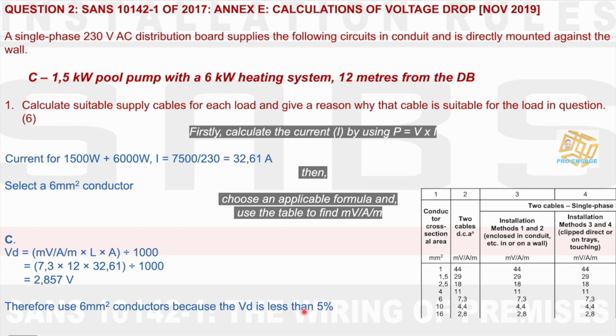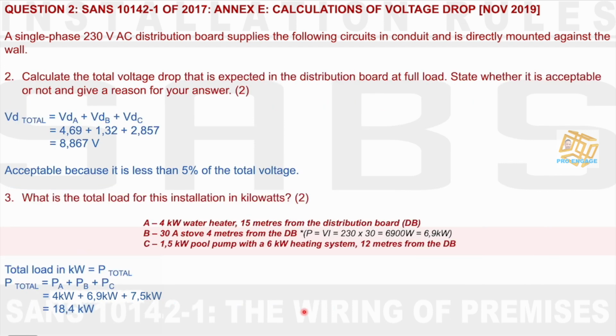Question 2.2 says calculate the voltage drop that is expected in the DB at full load. State whether it is acceptable or not and give a reason for your answer. I simply then take all the voltage drops of the circuits, because there's only 3 circuits, and I say VD total equals VDA plus VDB plus VDC.